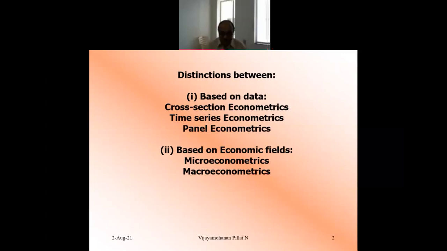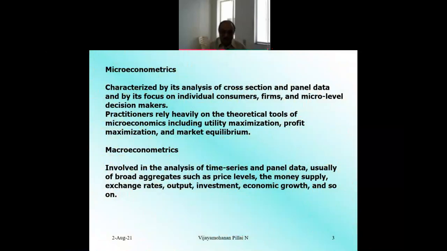Now, based on economic fields, we have two types, microeconometrics and macroeconometrics. Microeconometrics usually is characterized by the analysis of cross-section and panel data, and it focuses on individual consumers, firms, and other micro-level decision makers.